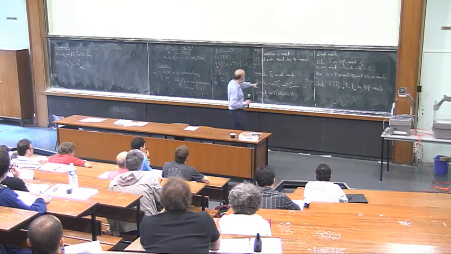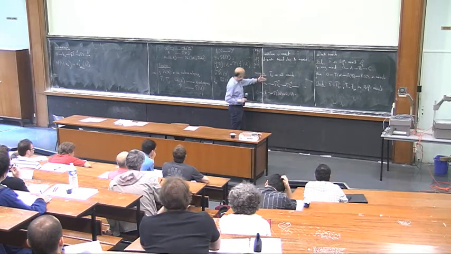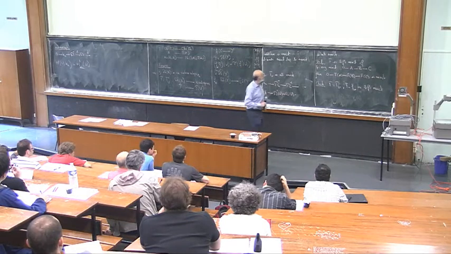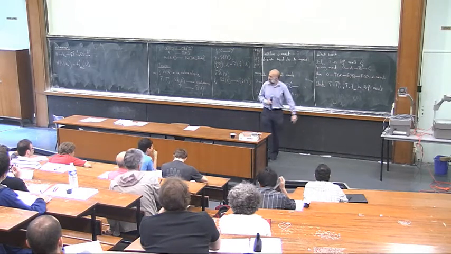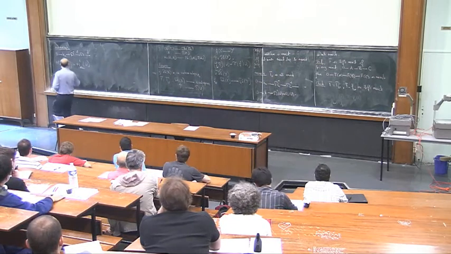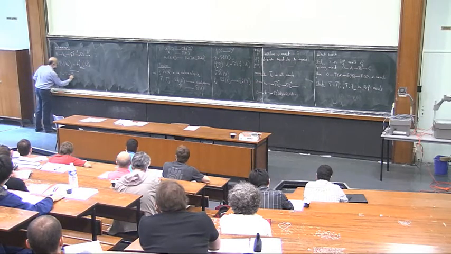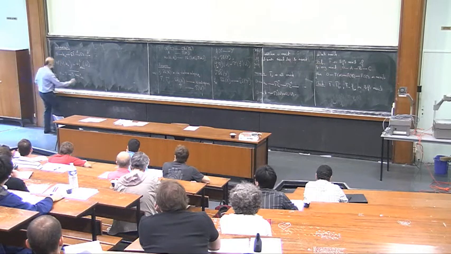But that's because it's left exact. So if you apply the functor, you start from this here, 0, F, I0, I1, and whatever.